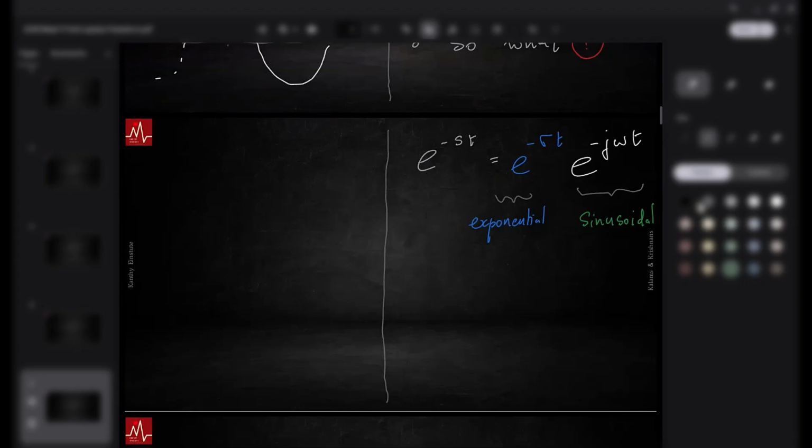Very briefly now, what this means is you can represent this function. You can also represent a function that is decaying and also oscillating.